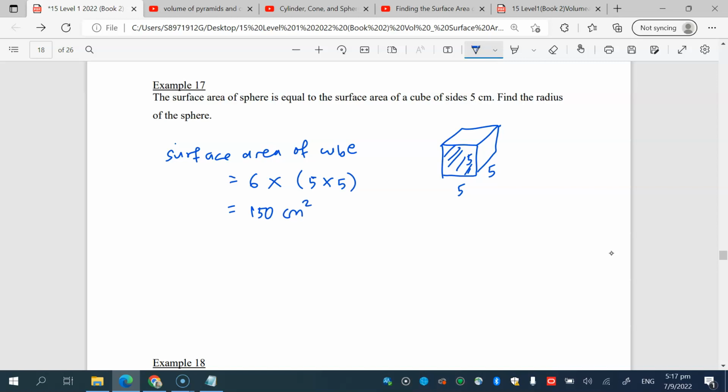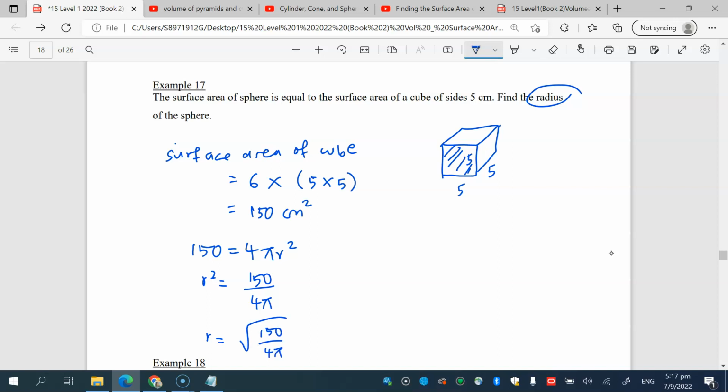They are saying that this is equal to the surface area of a sphere. So we equate this to 4 pi r square. Then we're supposed to find out what is the radius. So divide both sides by 4 pi. You'll get 150 over 4 pi. And then you take square root.